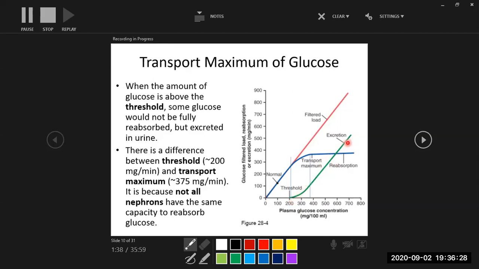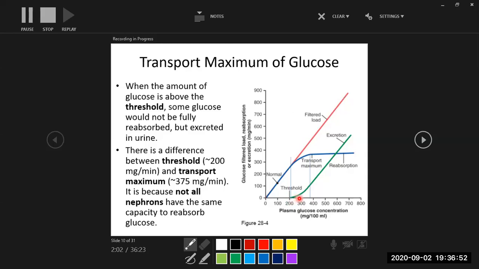So we see the excretion. But for the other 95% of the nephrons, they can still take more. So we will see that the maximal reabsorption occurs later than the concentration at which we see the excretion.